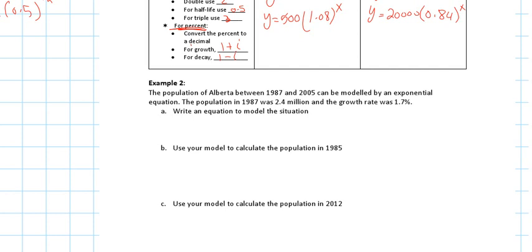Growth or decay? So what formula do I use? Okay, what's my initial value? 2.4 million. So I'm going to write that as 2.4.